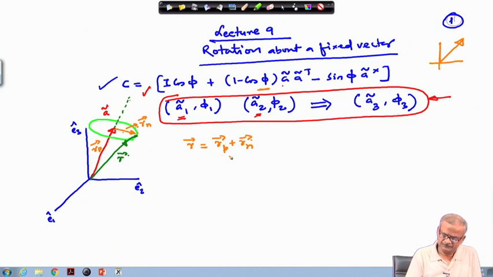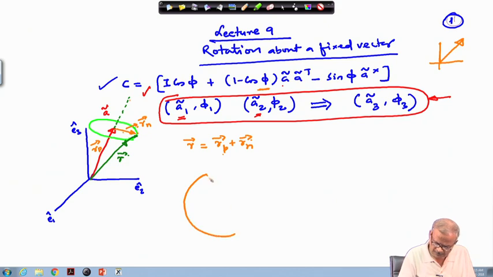So, here after breaking these two, now we write it in a proper way. Let us make a circle here. This is the component which is being shown as r n, this is our r n vector. Okay.